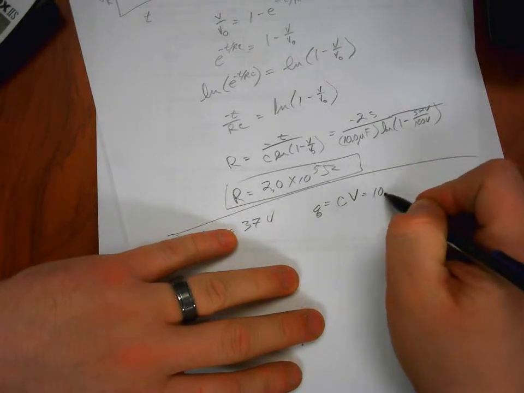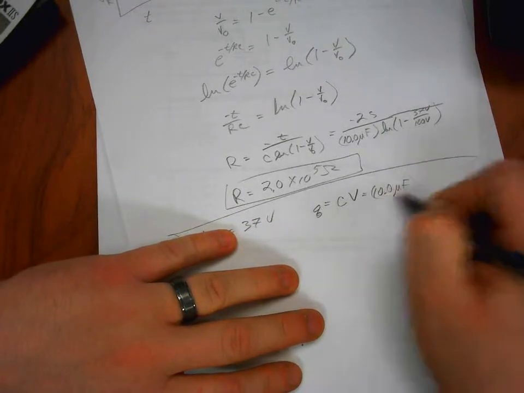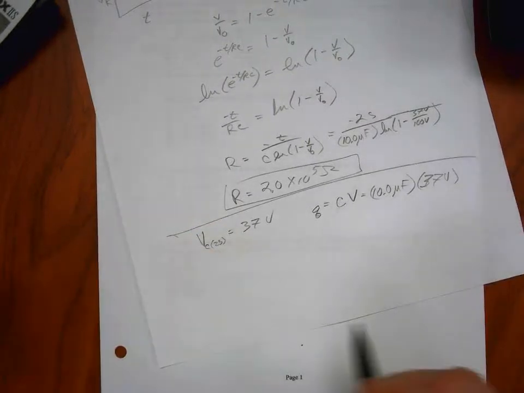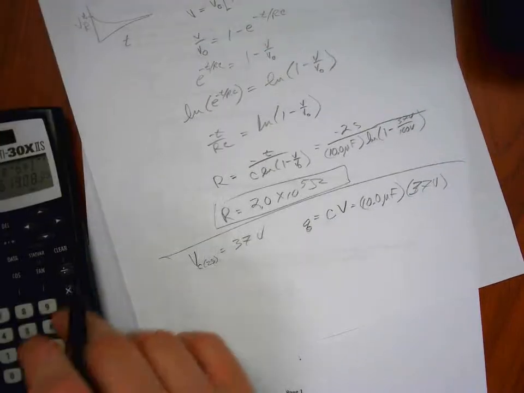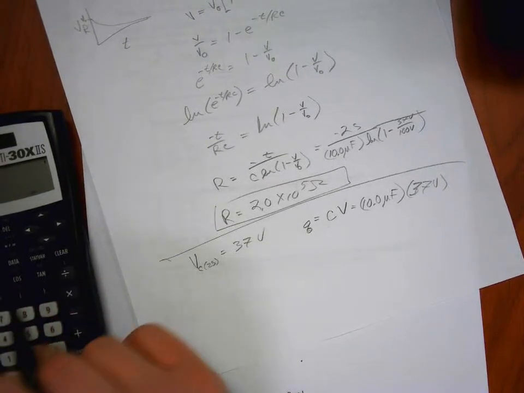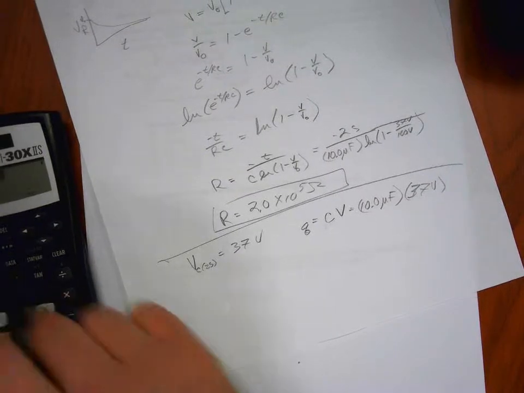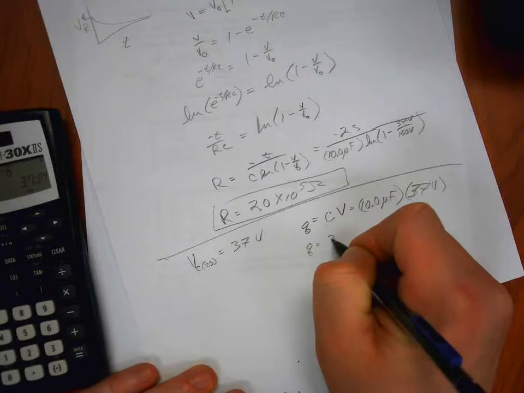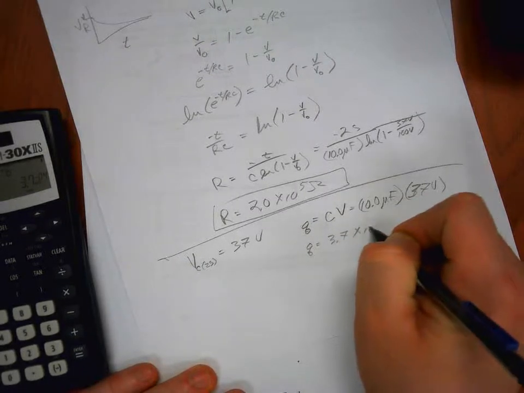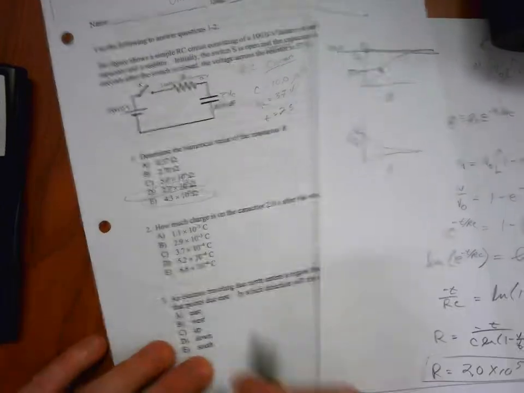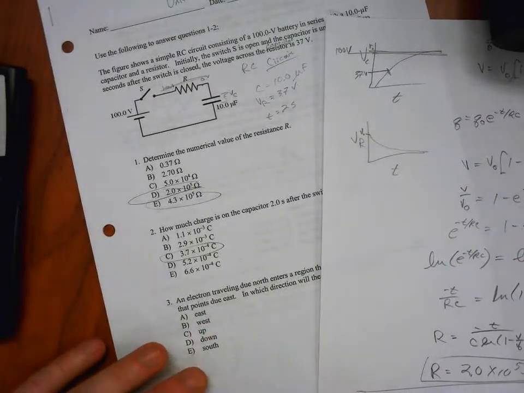So that's 10.0 microfarads times the voltage, 37 volts. That's 3.7 times 10 to the negative fourth coulombs, which is answer choice C.